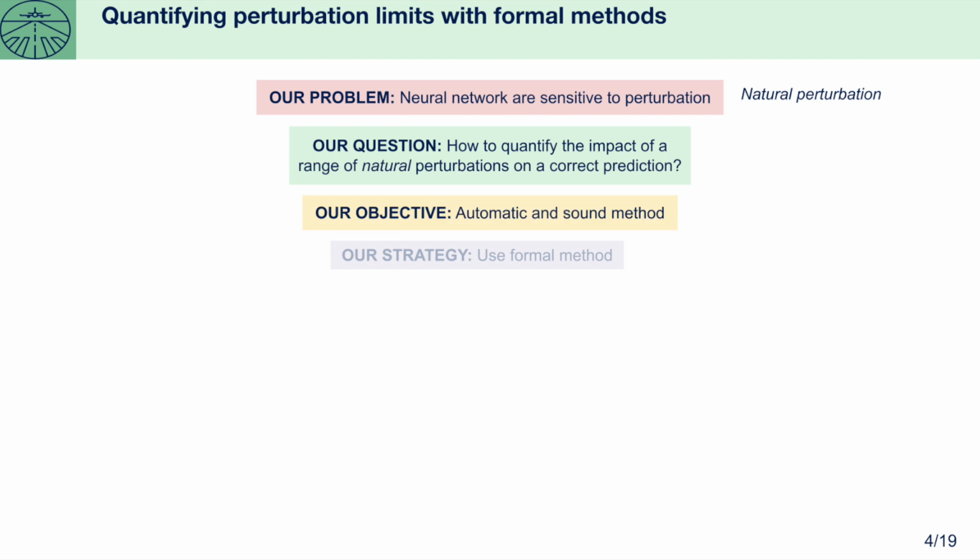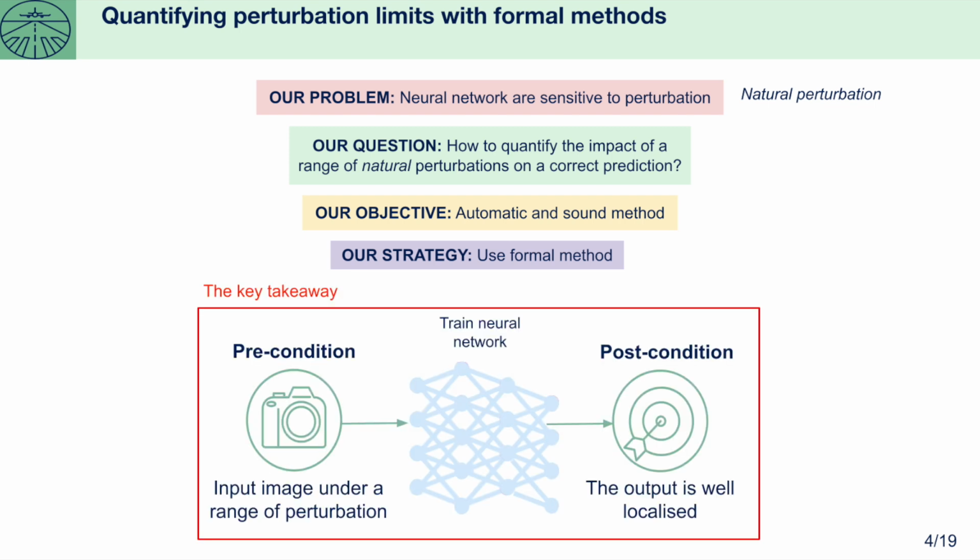Our objective is to use an automatic and sound method, and our strategy is to use formal methods. What we aim to achieve is this. By applying a range of perturbations to an image, we want to ensure that the output is well localized.